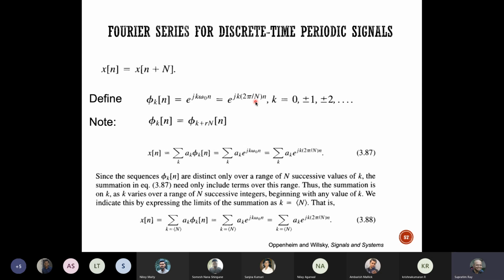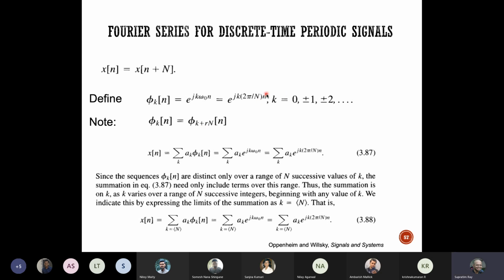But now notice something very interesting. This is actually the key difference between looking at signals in the continuous versus discrete domain. Unlike the previous time, where I had an infinite number of complex exponentials, now I have only N distinct complex exponentials, because this relationship holds.